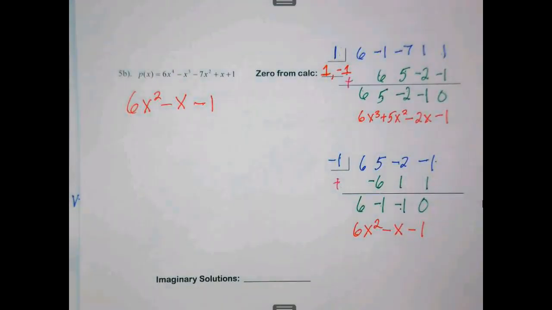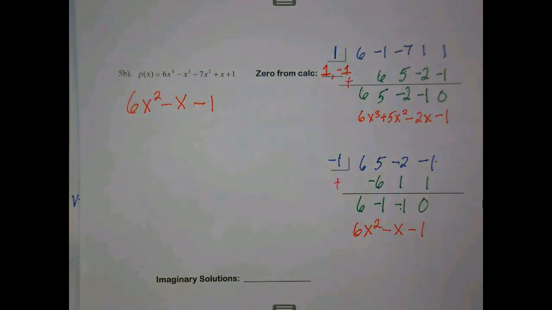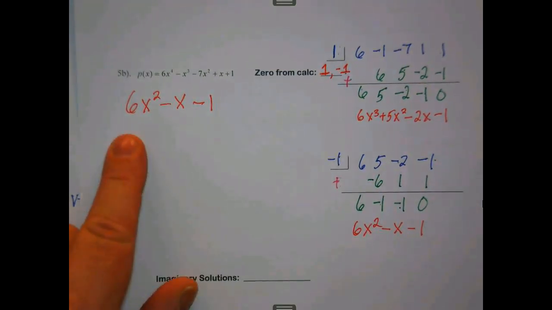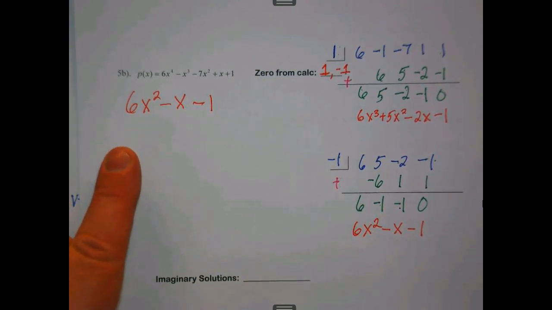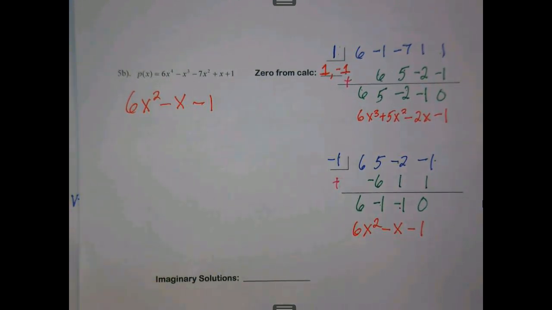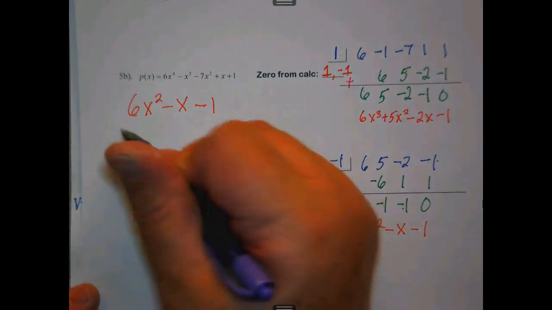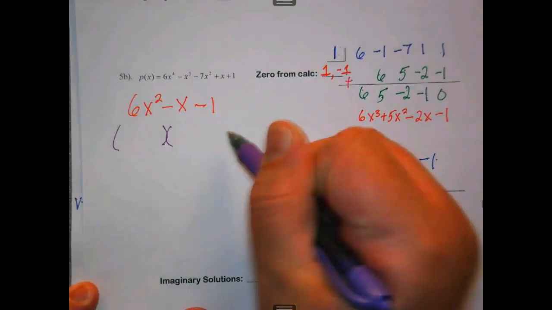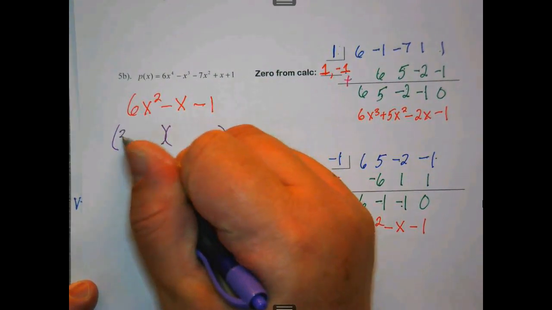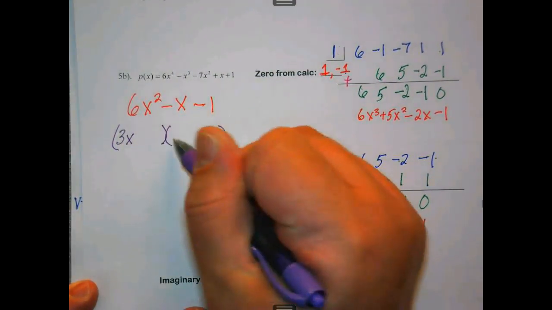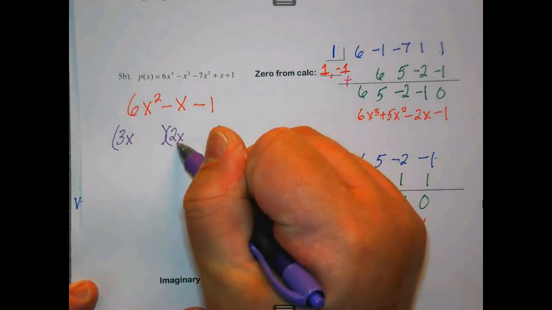Now, you could put this in the quadratic formula, or you could use the slide and divide method, right? Or you could be just outstanding, factor and use your head, and realize, hey, this is going to factor to 3x times 2x, 6x squared.